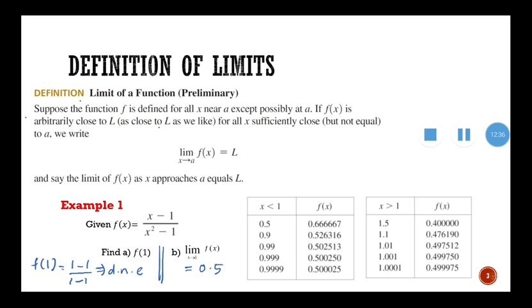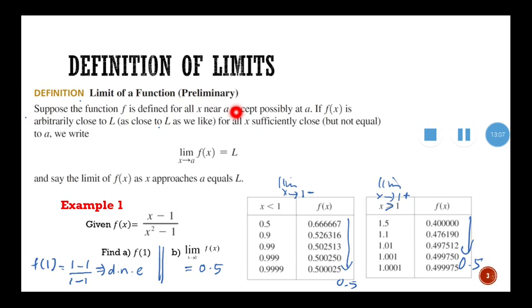But we discussed earlier the limit as x approaching 1 from the left, for x less than 1, converges to 0.5, and the limit as x approaching 1 from the right, meaning more than 1, also converges to 0.5. So it seems that it agrees on both sides. Then the limit of f(x) as x approaching 1 does exist, which is equal to 0.5.